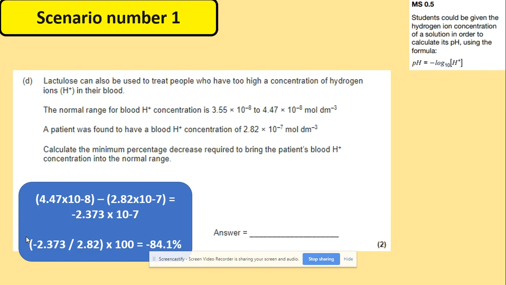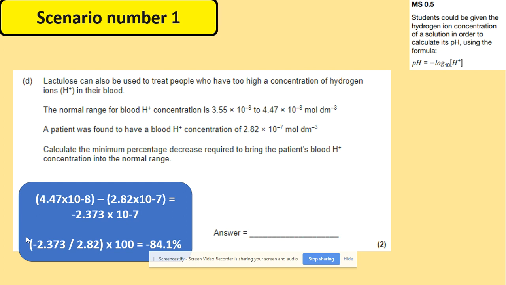So I found one of the questions here, which is to do with the concentration of hydrogen ions, but it's not necessarily to do with the pH. But it's still good to look at it because it's quite tricky. So the lactulose can also be used to treat people who have too high a concentration of hydrogen ions in their blood.